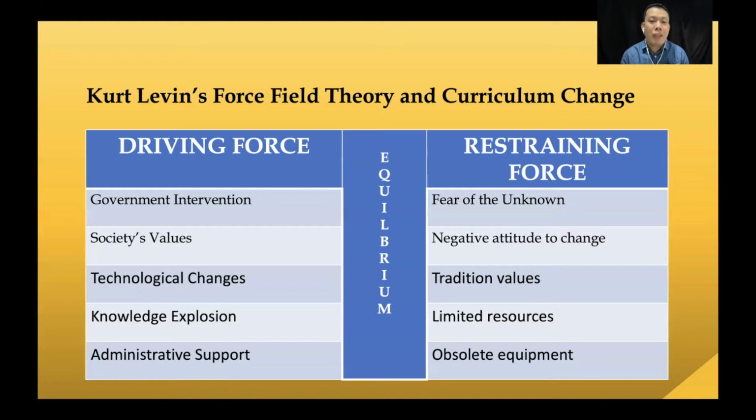Now, when both the driving force and the restraining force are of equal weight, there will be equilibrium. This is the middle wherein there's no driving force moving forward, and there's also no restraining force moving backward. It is just an equilibrium.